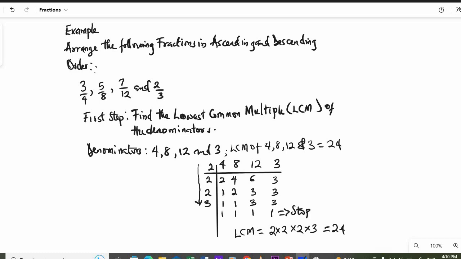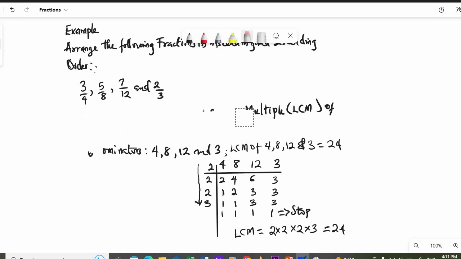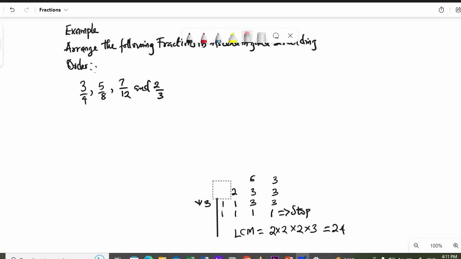Alright, so now the second step will be to express all the fractions with denominators of 24. So I'm just going to clean this so we have space for the second step.